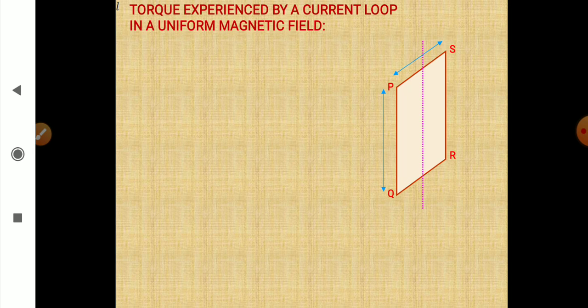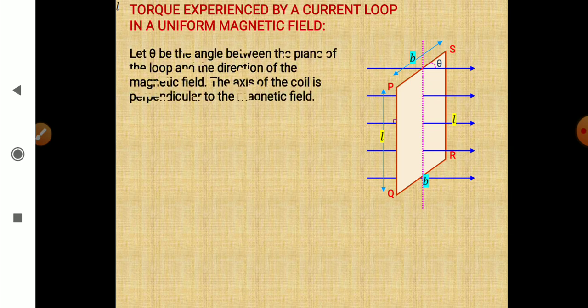field. So we have chosen a rectangular loop PQRS of sides b and l, length and breadth. It is placed in uniform magnetic field B at an angle theta, and current I is passing through this loop, right?